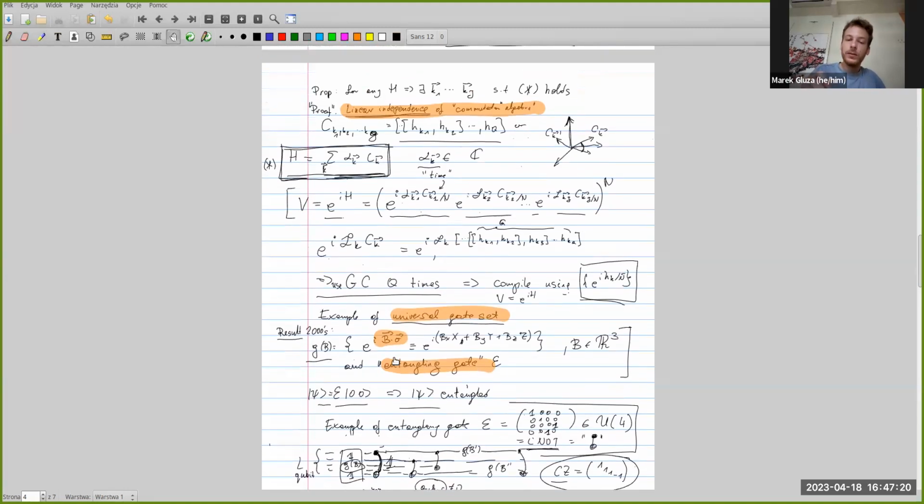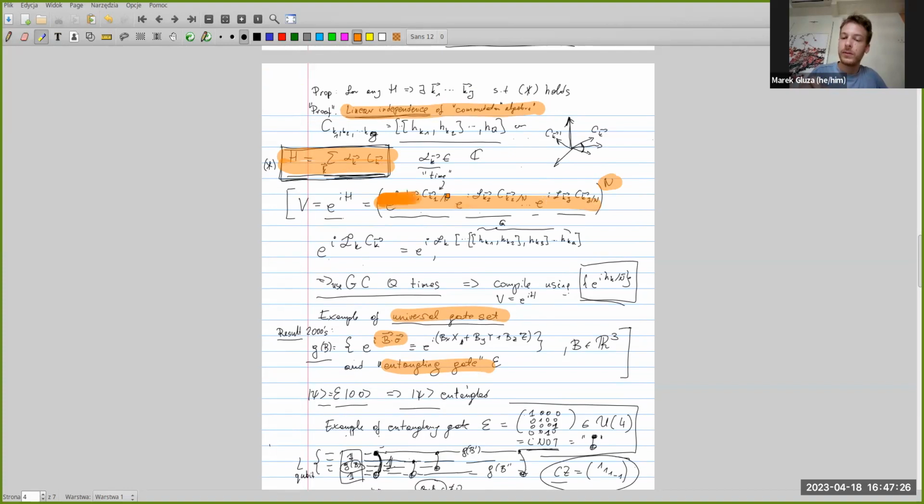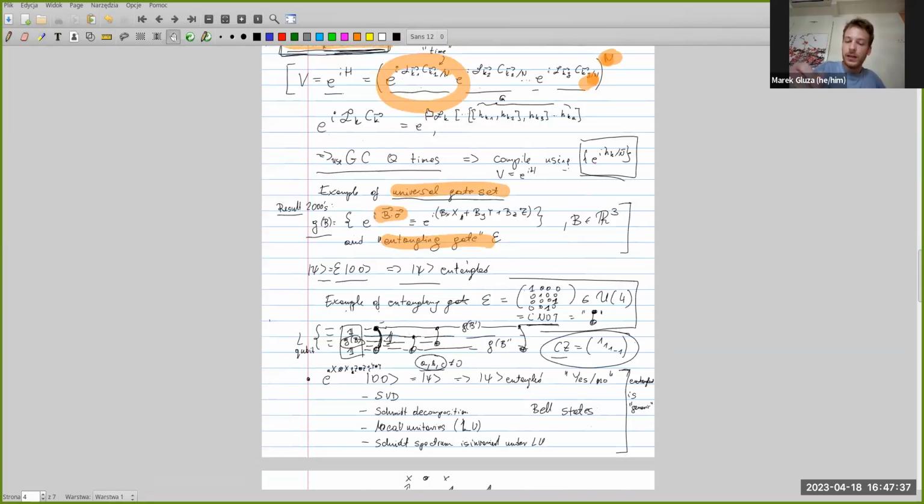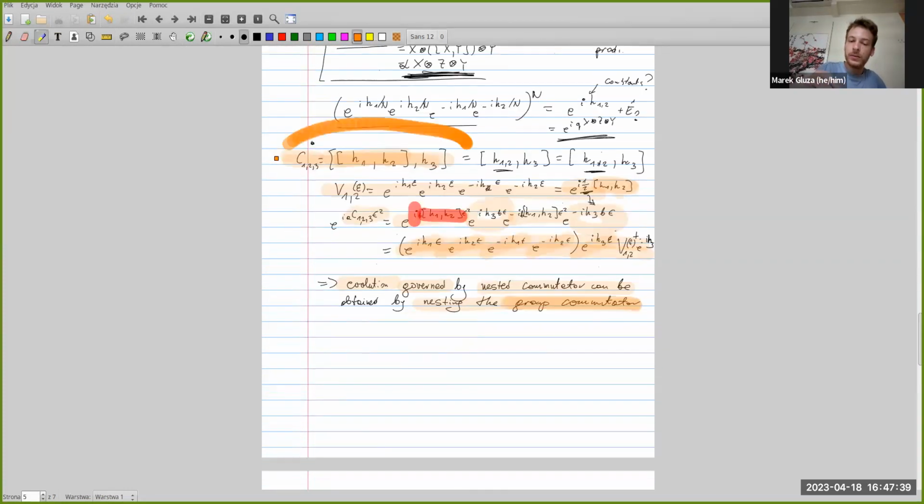But once you assume that you can decompose the Hamiltonian into commutators, then you can use the Trotter-Suzuki decomposition, n times here and so on, and then you can look at the individual terms. And then later I was explaining how to do the individual terms here. That was this discussion here.